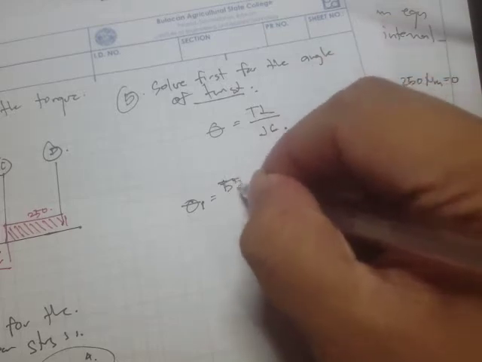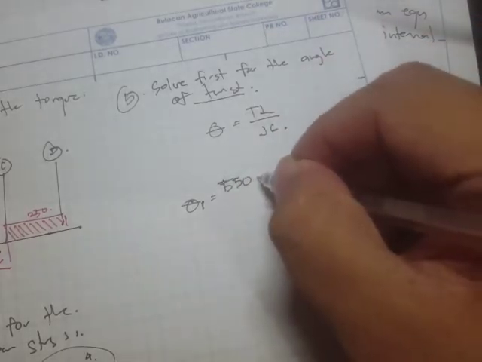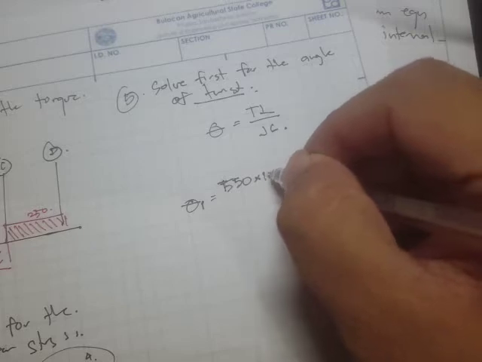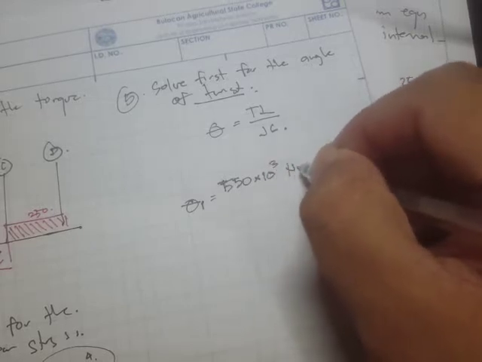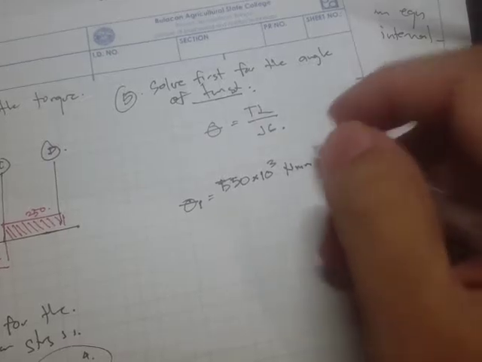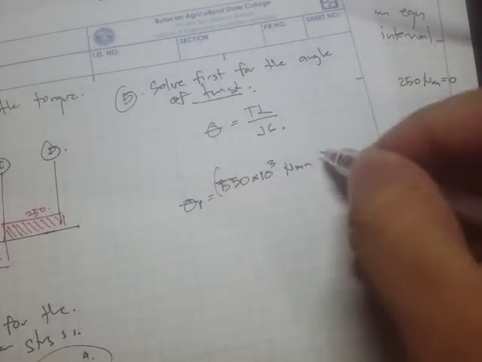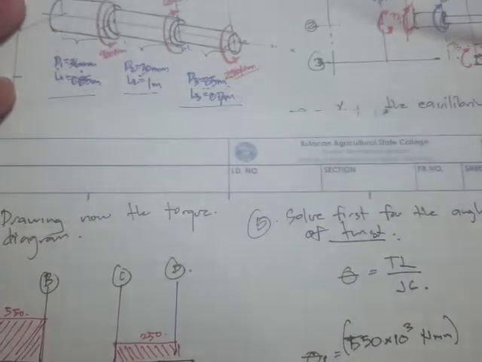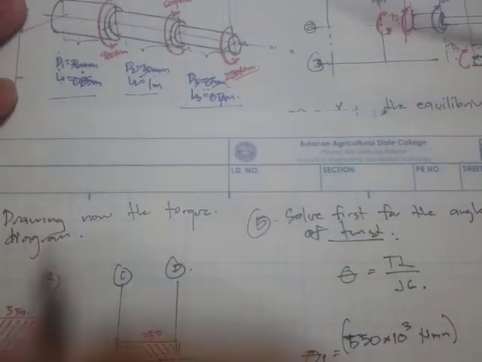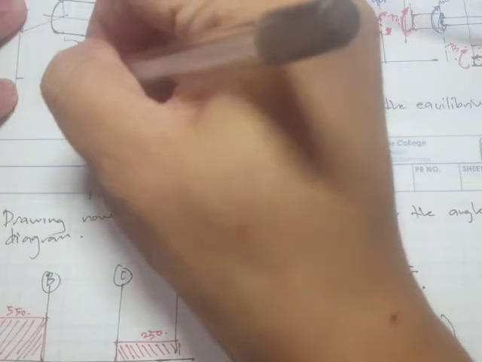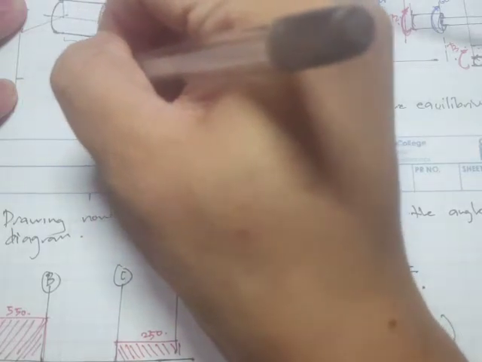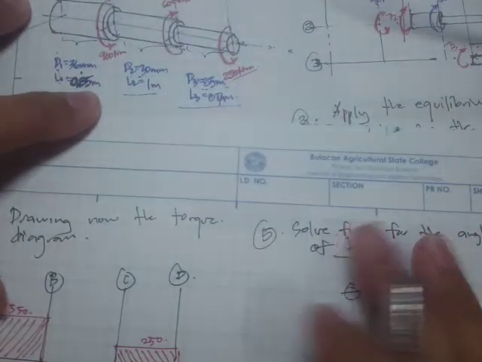So this is 550 Newton meter, and we just have to multiply by 10 to the 3, because what we need is millimeter. So that's our T, and our L is 0.85 meters.